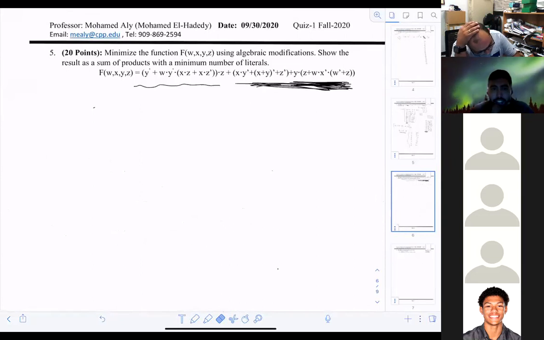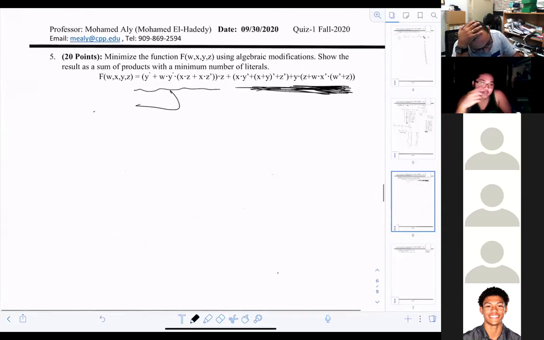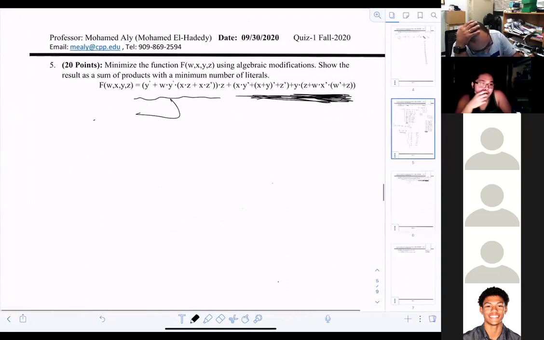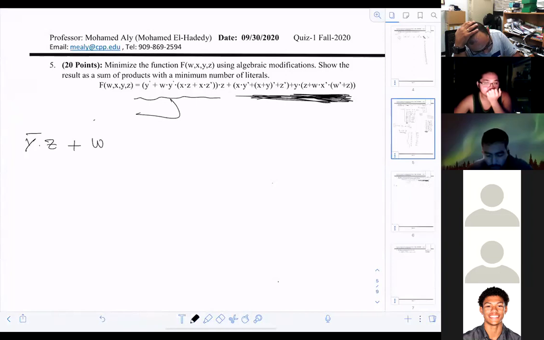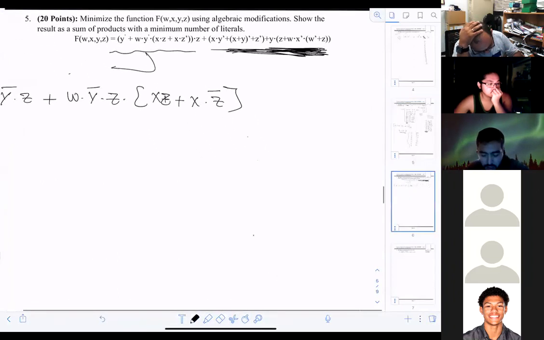Maybe there's something missing. So anyway, let's do it from this side first. The first two were right, which you did, Professor, because I got the same thing as well. There's something missing for sure. So basically here it's going to be Y complement Z, right? With W, yes. Y complement Z times X, Z X Z complement, right?